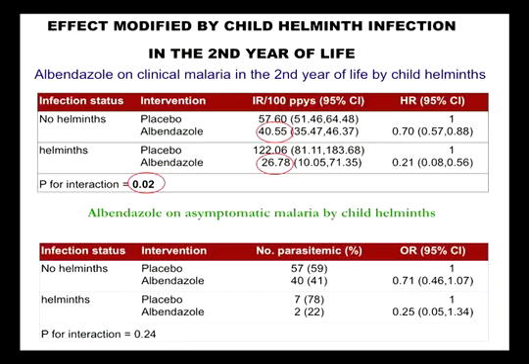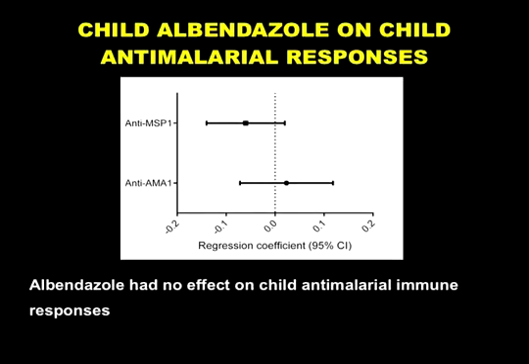A similar pattern is seen when I looked at the effect of albendazole on asymptomatic malaria. However, the numbers are pretty small and might explain why statistical significance is not attained. Looking at child albendazole on child antimalarial responses, the conclusion was that albendazole had no effect on child antimalarial immune responses.